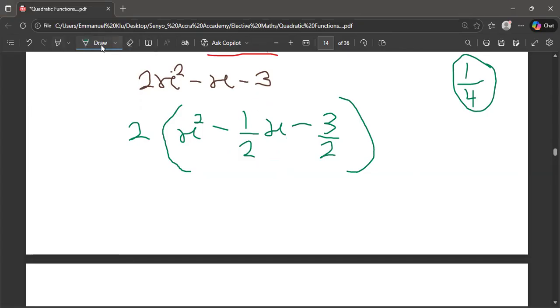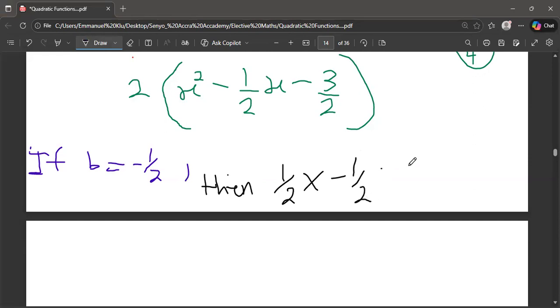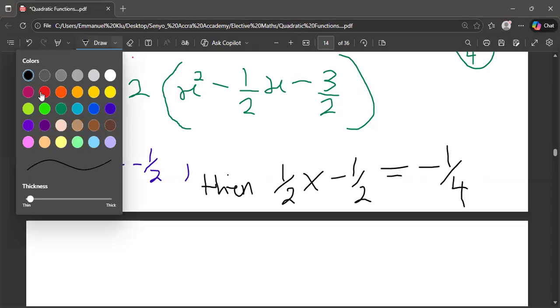So this implies that if b is equal to minus 1 over 2, then we can say that 1 over 2 times minus 1 over 2 is going to give us minus 1 over 4.